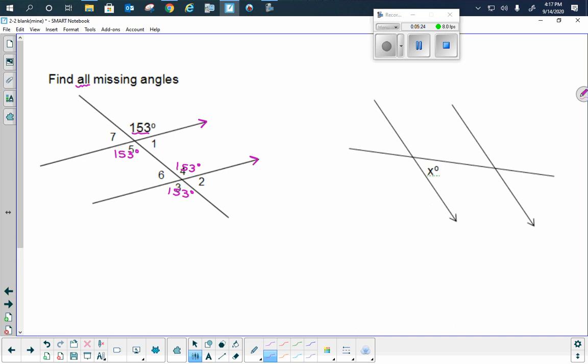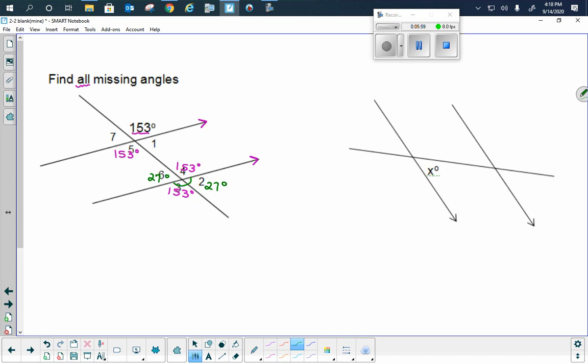Now, doing the other 4 that we don't have filled in yet, you should be thinking that any of these, such as this, are supplementary, right? They add up to 180. So if you take 180 minus 153, that would tell you this angle 2 is 27 degrees. And then you can work yourself through the rest of the angles like we just did with the 153. So for instance, we could say angle 2 and 6 are vertical, and therefore this one would also equal 27 degrees.